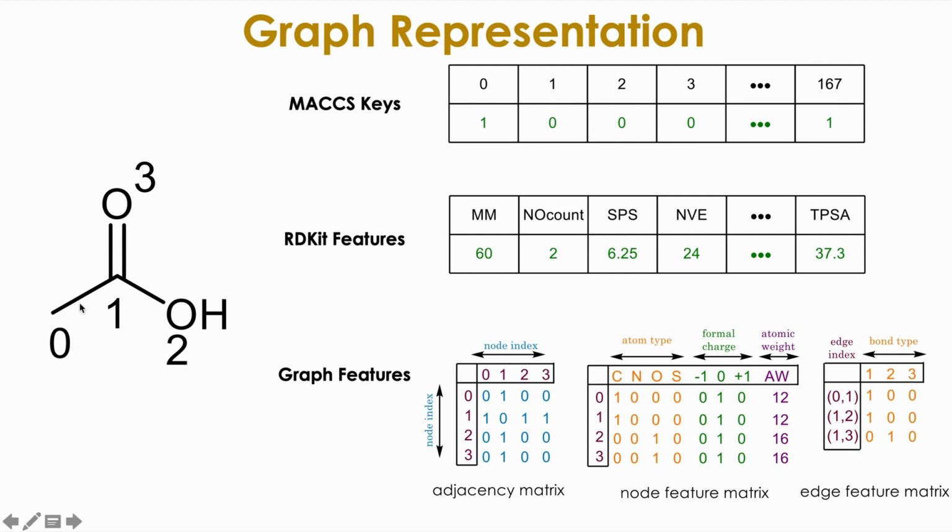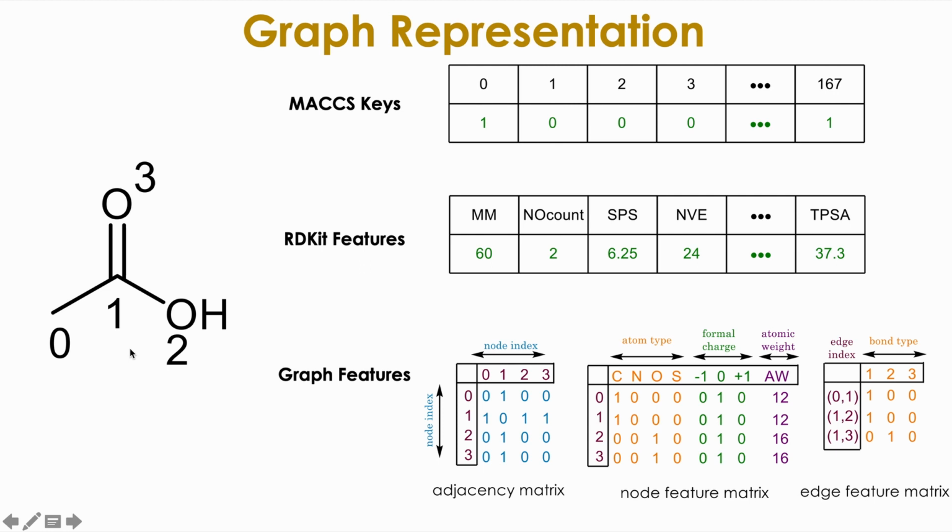So 0 and 1 is a single bond. Similarly 1 and 2 is a single bond, so we have 1 here, and all these values are 0. Whereas between 1 and 3 we have a double bond, so this value is 1, whereas all these values are 0. So this is basically a graphical representation of a single molecule.